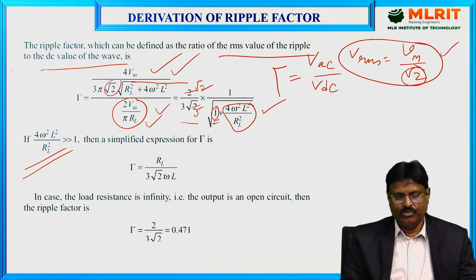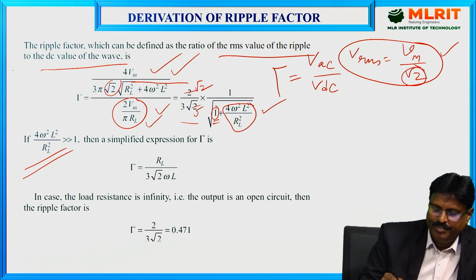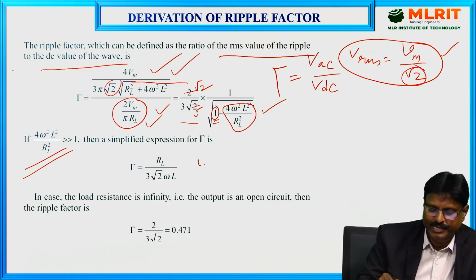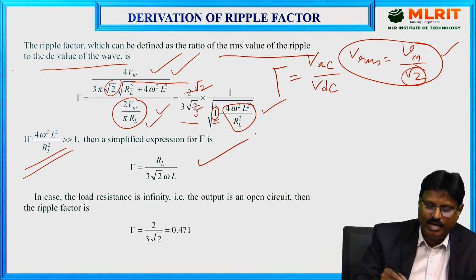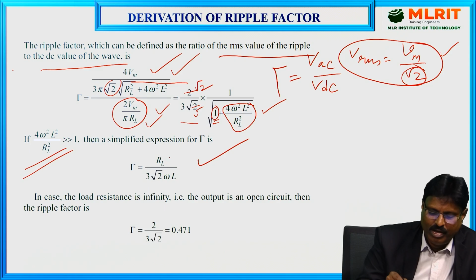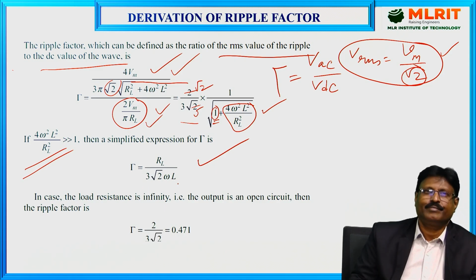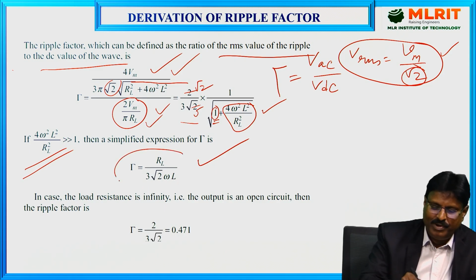So tau is equal to, whenever this one is ignored, you will be getting 4 omega square L square by RL square under root, that means 2 omega L by RL. Whenever you remove this square root, you will be getting 2, and finally a simplified version like this: tau is equal to RL by 3 root 2 omega L. So this is the ripple factor.